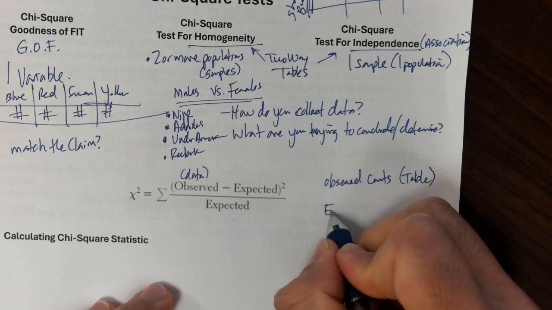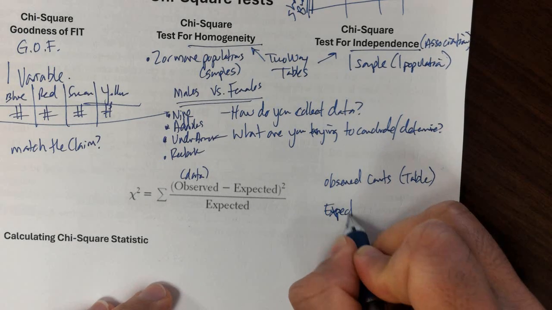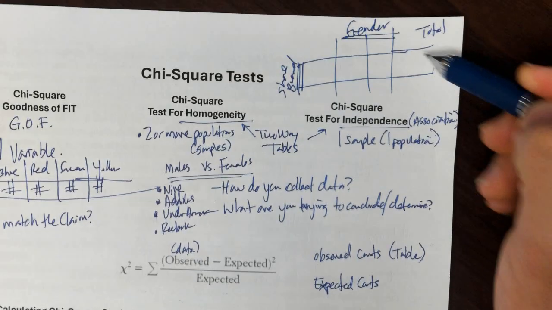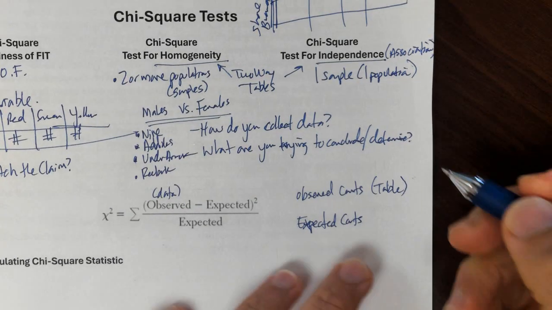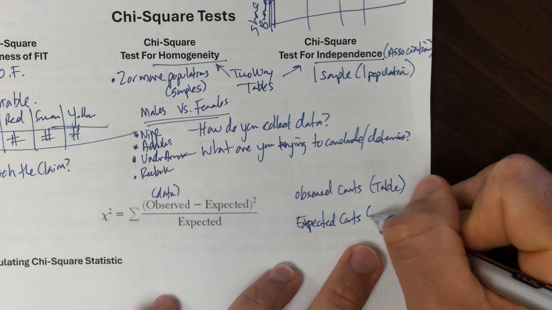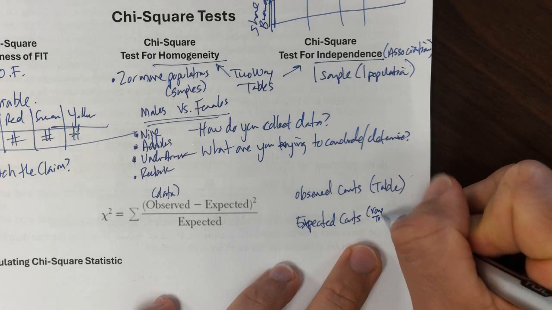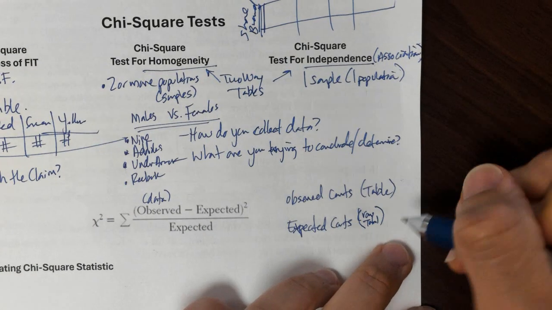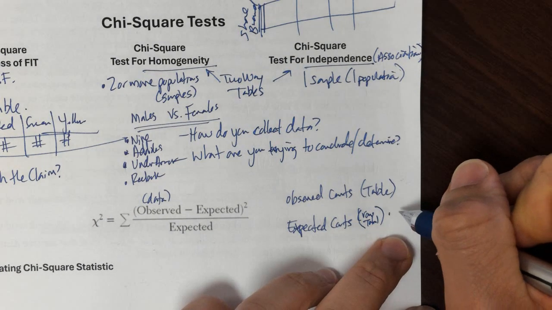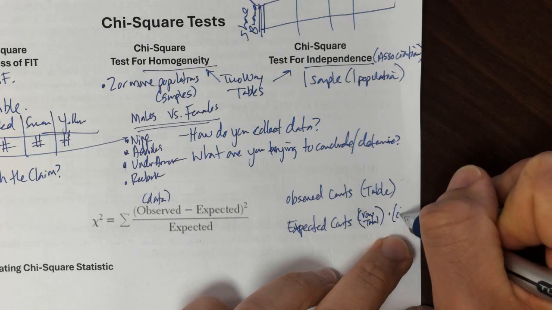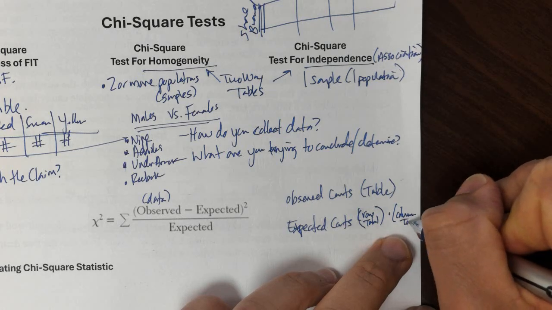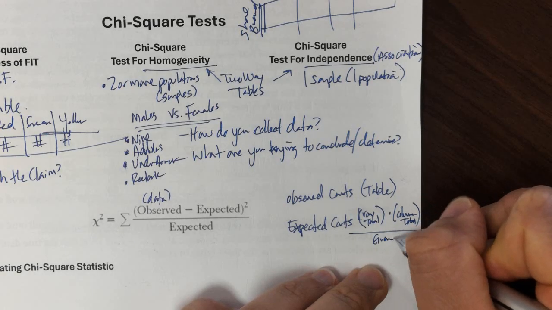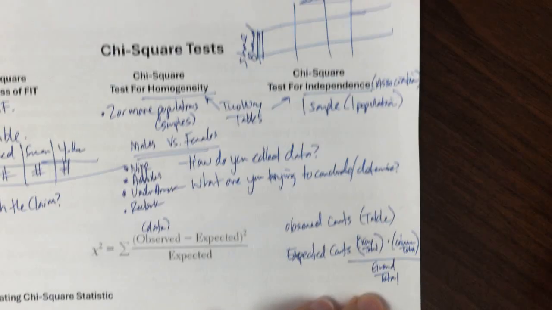You're going to have to calculate the expected value. What are the expected counts for each cell? And that has a formula: row total times column total divided by your grand total, right?